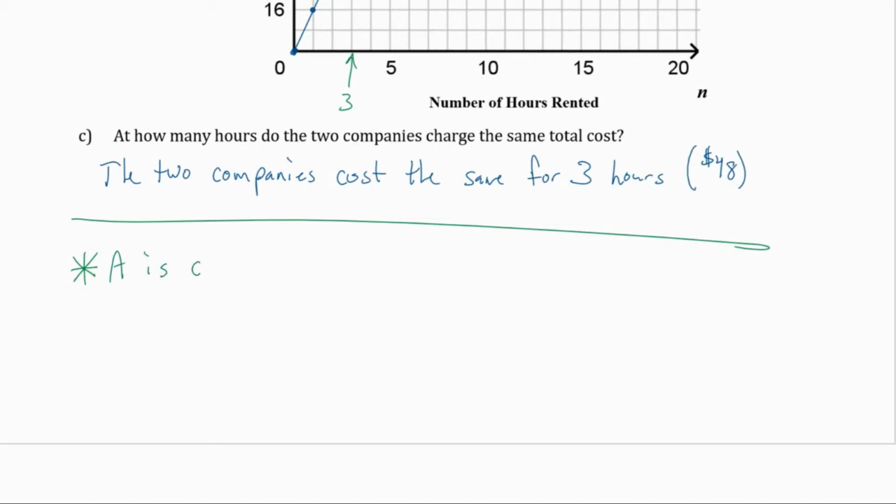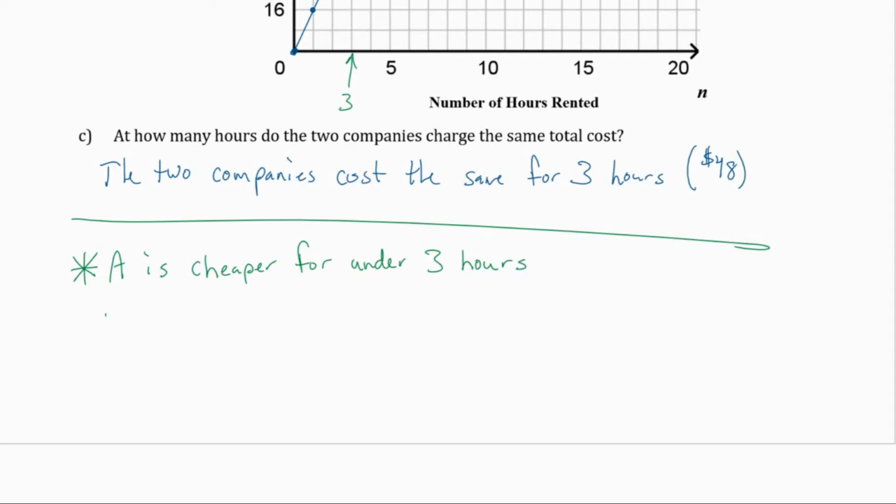So company A is cheaper. The question didn't ask me to do this, but I'm doing it because I know other questions are going to ask this sort of thing. For under 3 hours. Don't say 3 hours or less, because that's not true. Technically speaking, they're the same at 3 hours. So it's for fewer than 3 hours or for under 3 hours.